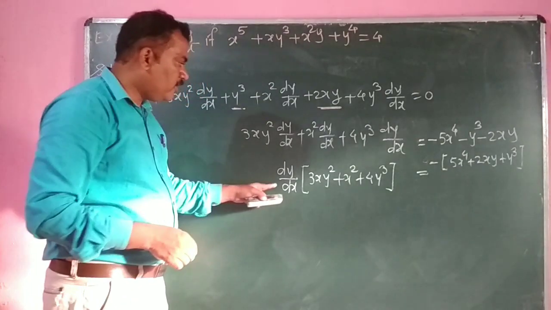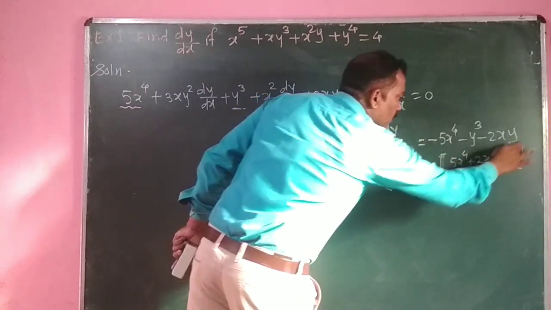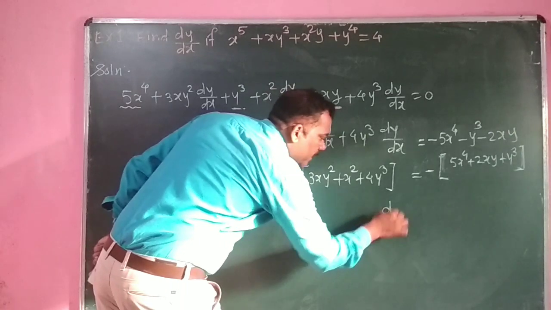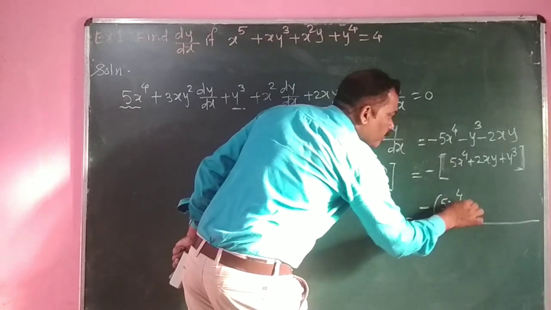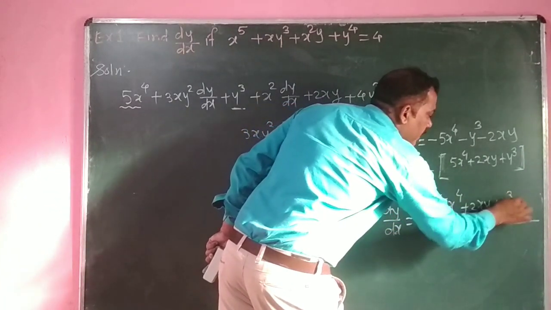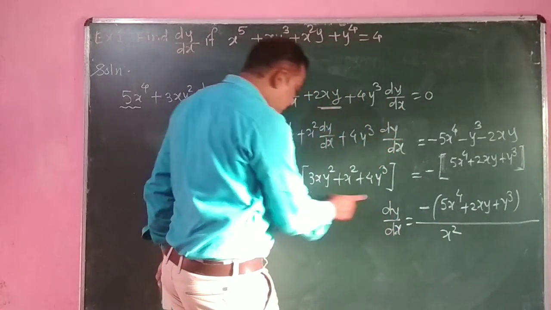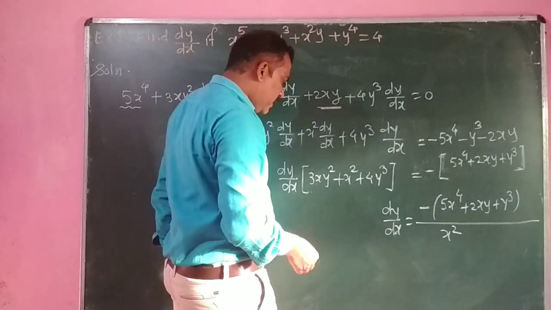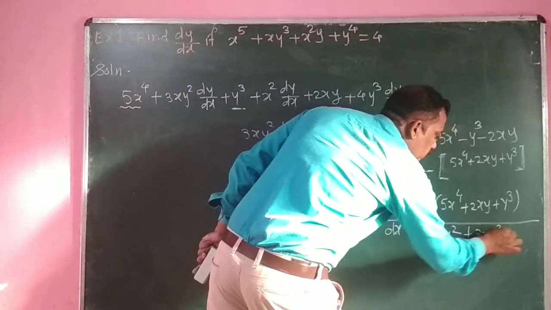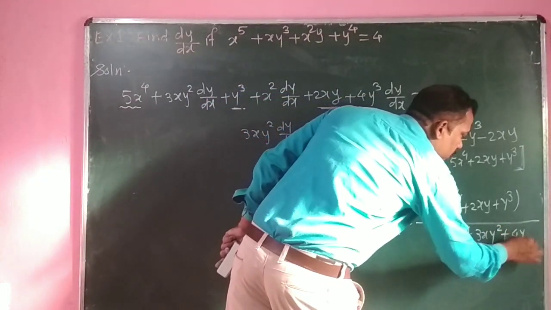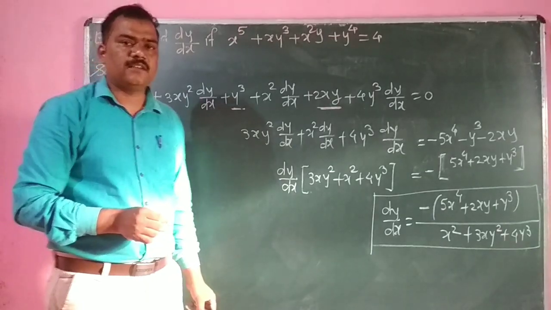So that we find the value of dy by dx, that is dy by dx is equal to minus 5 times x raised to 4 plus twice xy plus y cube divided by, since the whole bracket is multiplied on this side, on the other side it must be divided, x square plus 3x into y square plus 4y cube, which is the required answer.